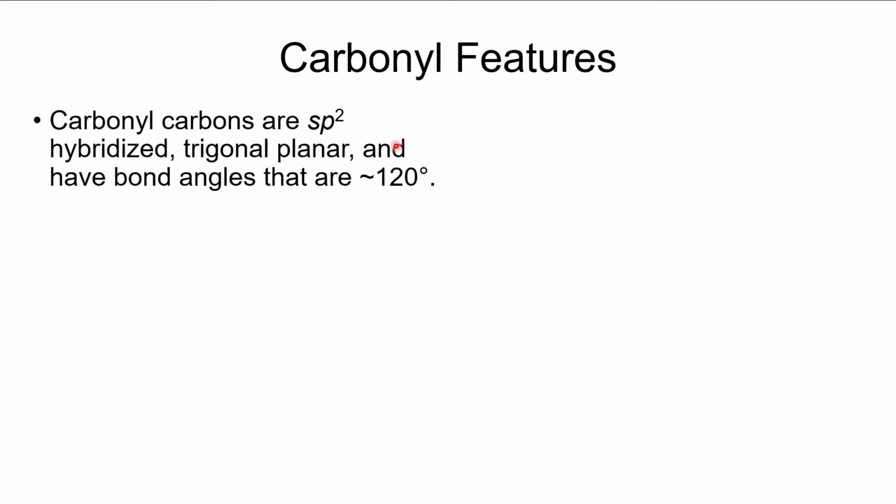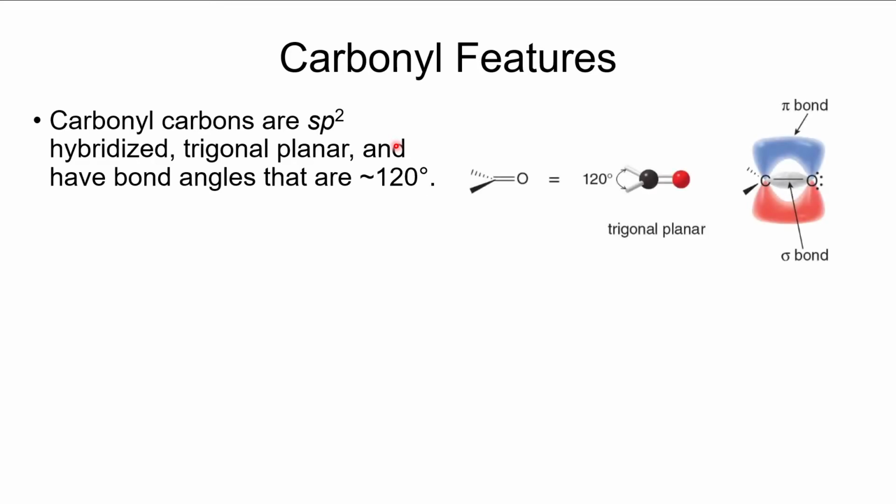So let's talk about some of the features of a carbonyl. What makes it different than other kinds of functional groups? Well, first of all, the carbonyl carbons are sp2 hybridized, just like the carbons that we have in an alkene. So we've got the sp2 hybridized, which gives us a trigonal planar geometry around that carbon.